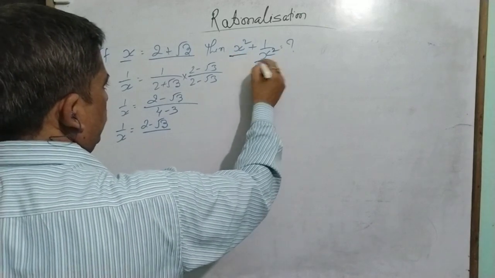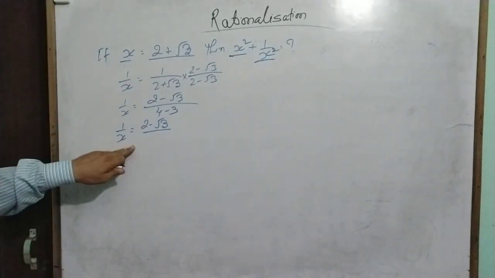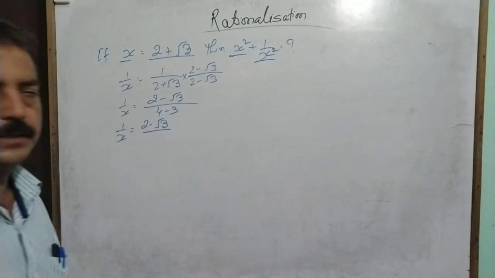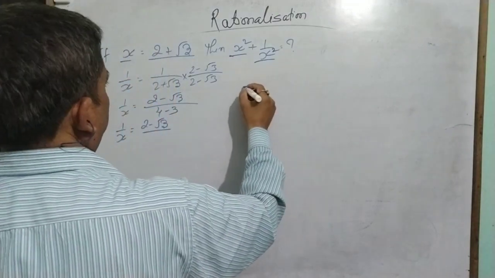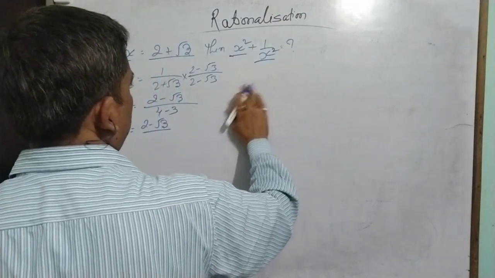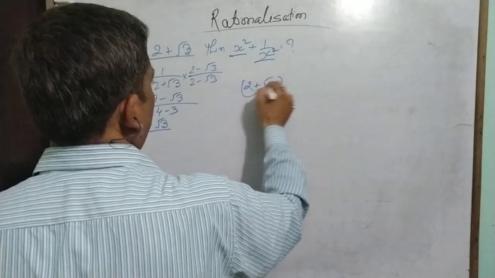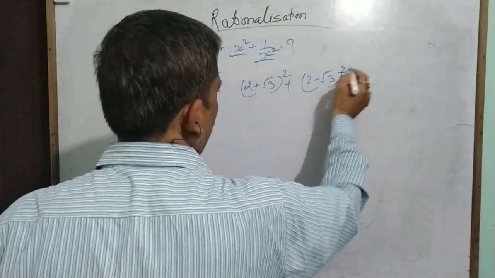Now where is the x square and 1 by x square? Either we put the value of that or we use algebra. Putting the value, x square plus 1 by x square is (2 plus √3) whole square plus (2 minus √3) whole square.